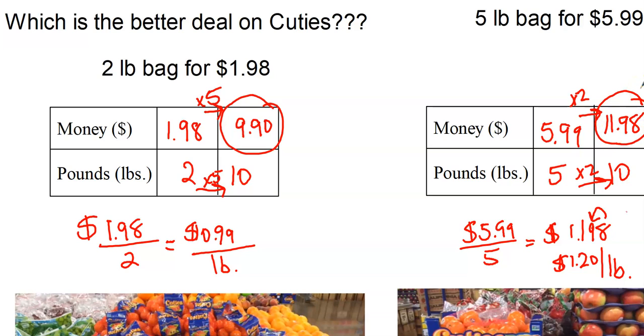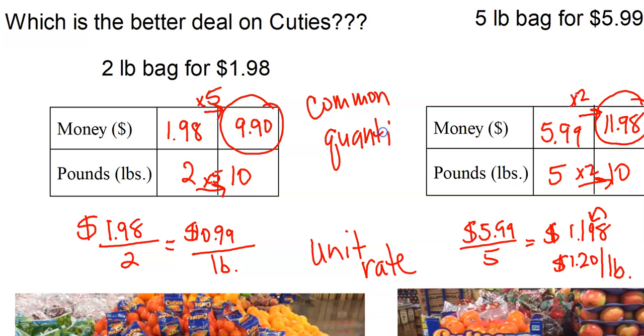Well, we already knew from the unit rate, right down below, I calculated a unit rate just so you can see what it looks like. And then up here, I made a common quantity, right? Those are my 2 big strategies for comparing prices. So the common quantity was 10 pounds, and then all I had to do was compare the $9.90 and $11.98. Now, it doesn't mean I want to buy 10 pounds.